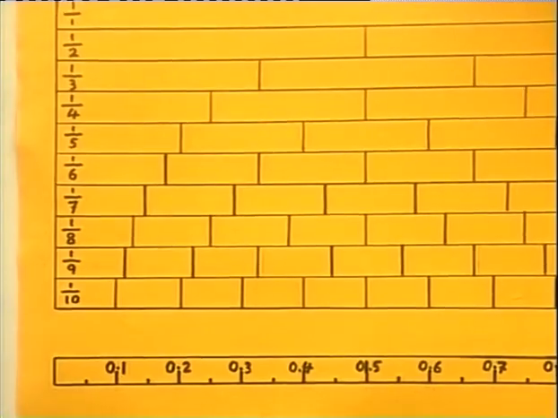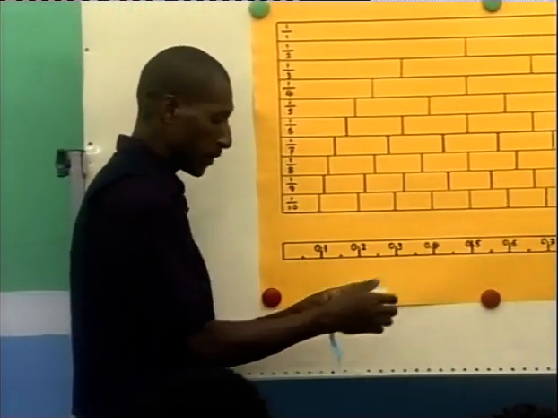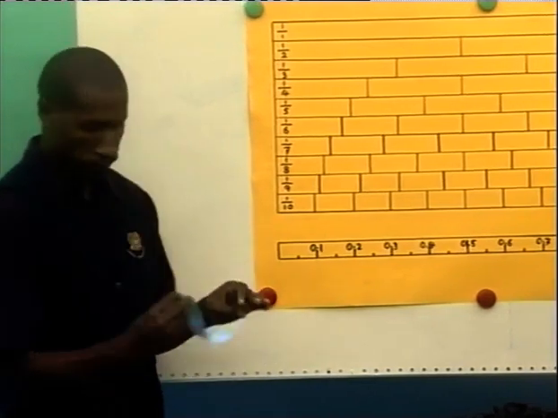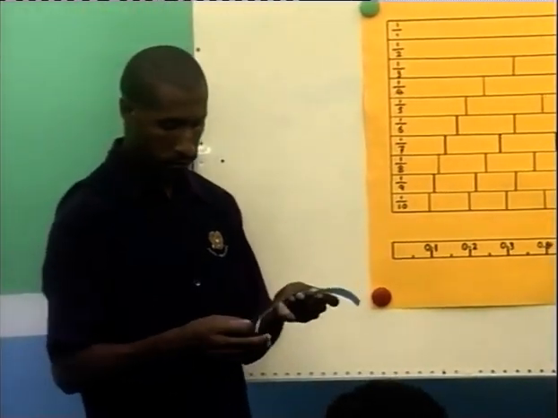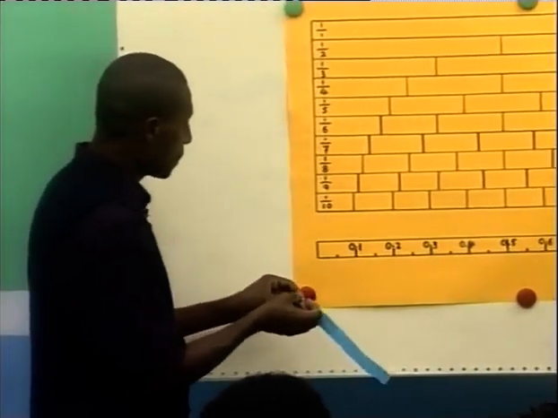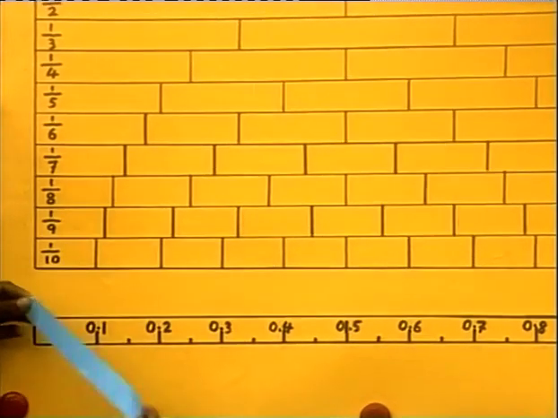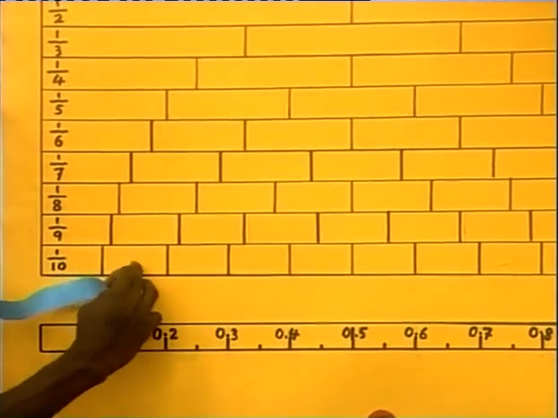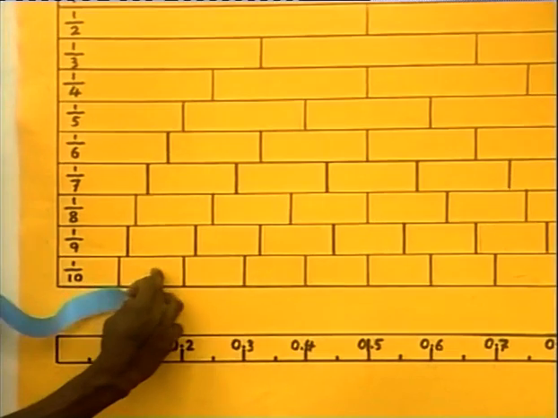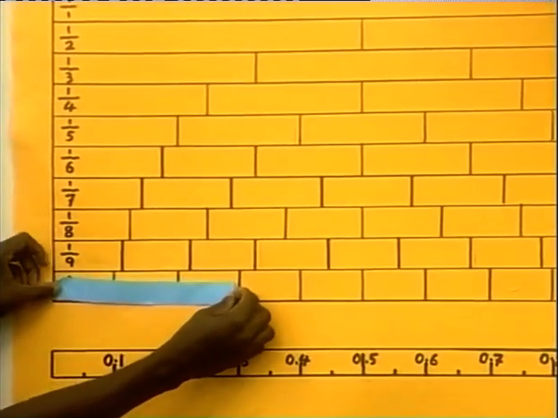Now, let's see if 3/10 is the same as 0.3. From here to here is 3/10. Okay? 1/10, 2/10, and 3/10. So, let's see.